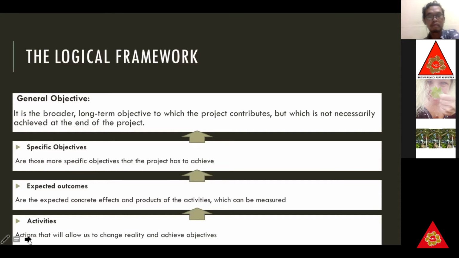So, as I said, when you build your project, you have a group of activities. Each group of activity brings some expected outcomes. These expected outcomes bring you specific objectives, and then once you have your objectives, you're supposed to attain your general objective. That's how it is read. So it is important because sometimes when you want to design a project, you want to do lots of things, because as we said before, you have lots of problems.